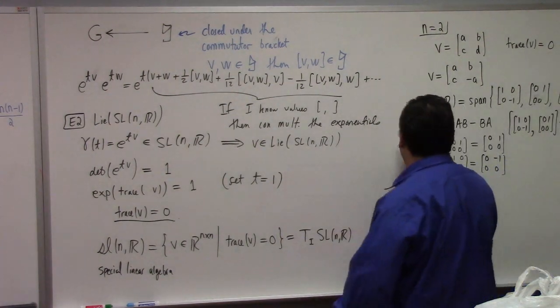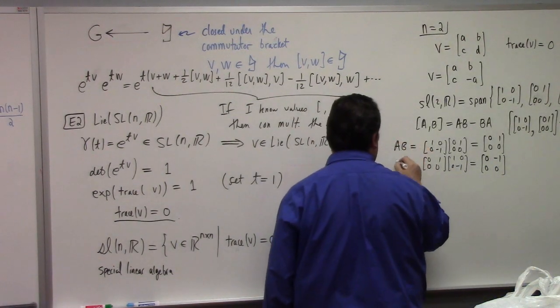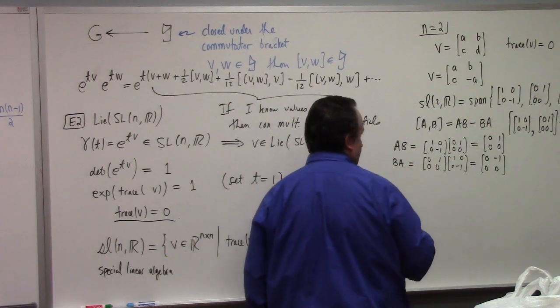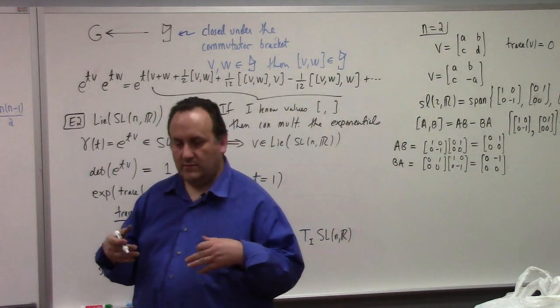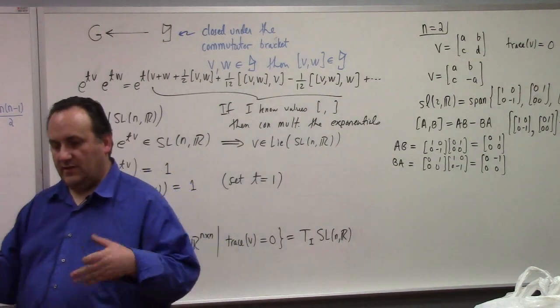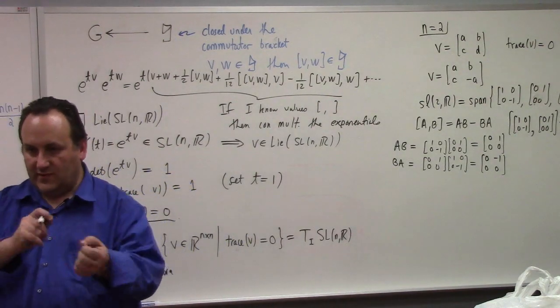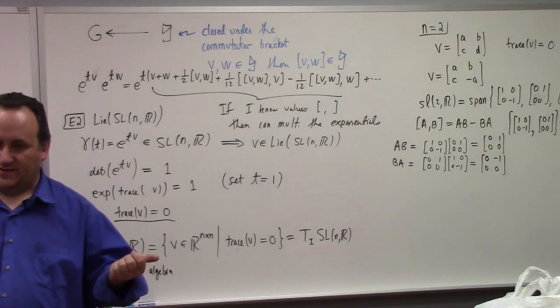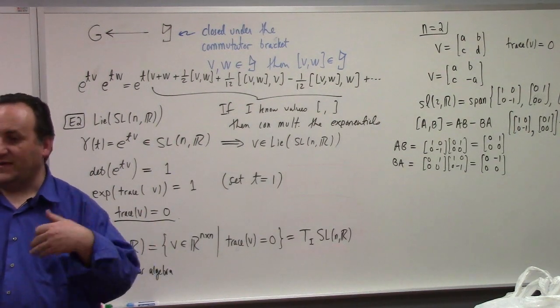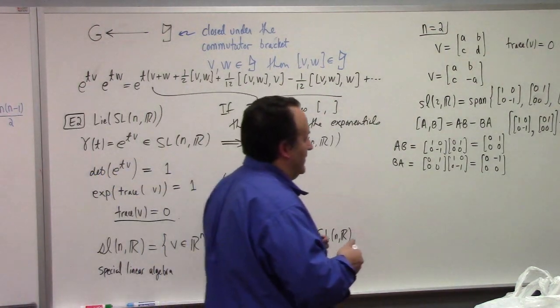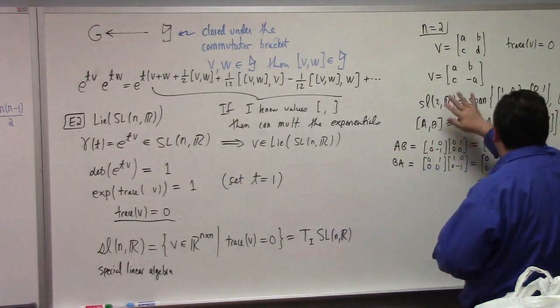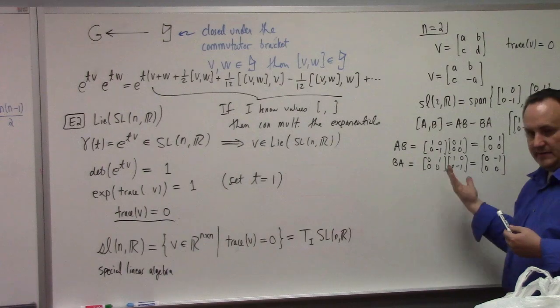That's an illustration, but you can go ahead and try it out. If you calculate the commutator bracket of any two of these, you'll get back one of them again, or twice of it. It's in the span of them anyway. So you see that SL2R is closed under the commutator bracket.